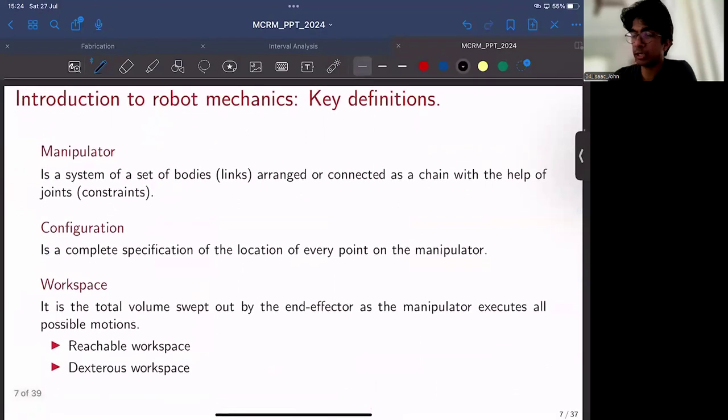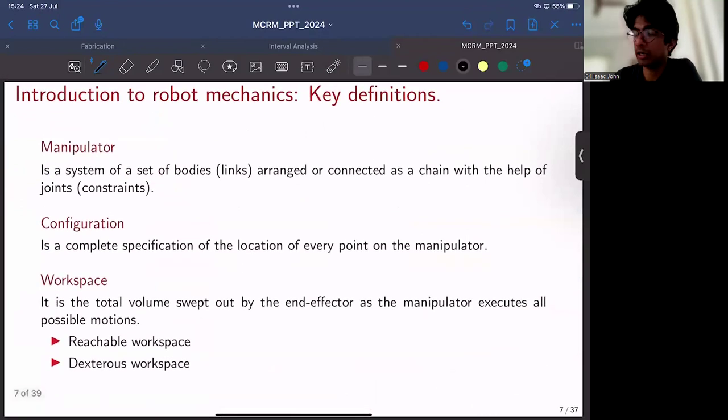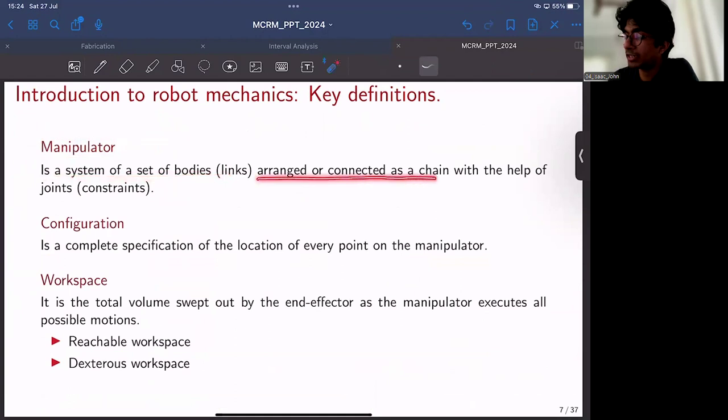So some more key definitions that we would be using throughout the lectures or throughout the course. Now that we have seen the difference between a manipulator and a locomotion device, the manipulator is a system of a set of bodies arranged or connected as a chain with the help of joints.